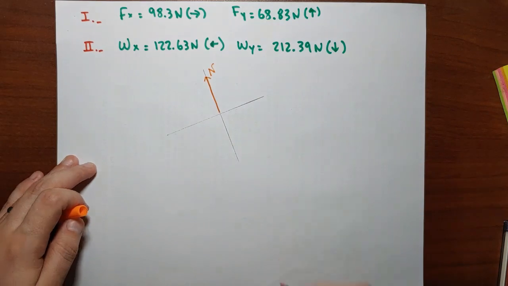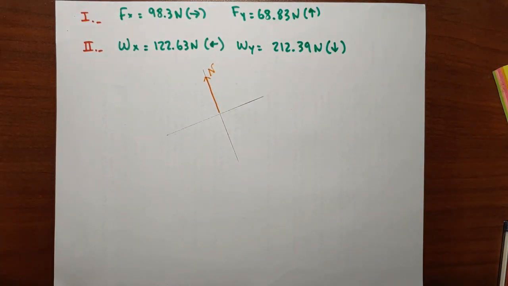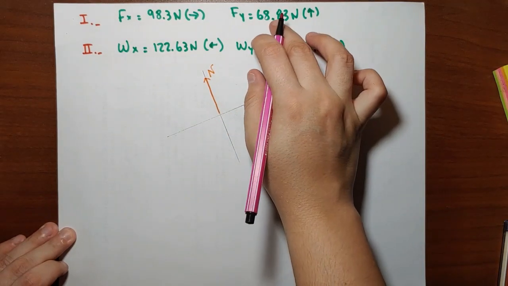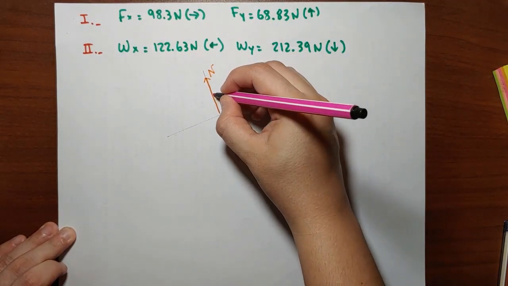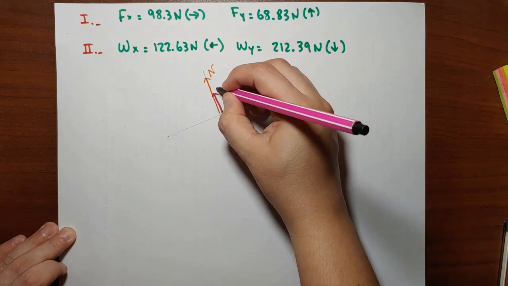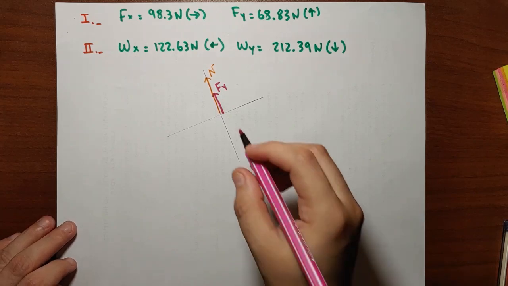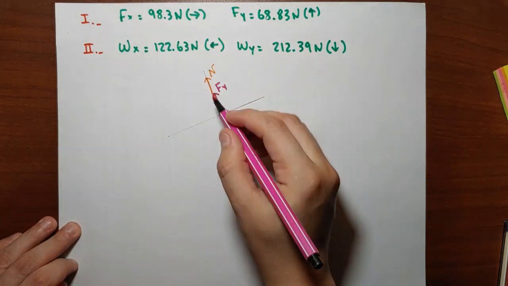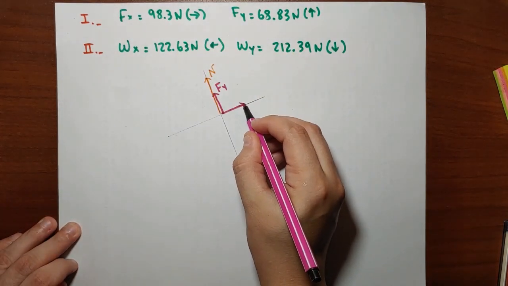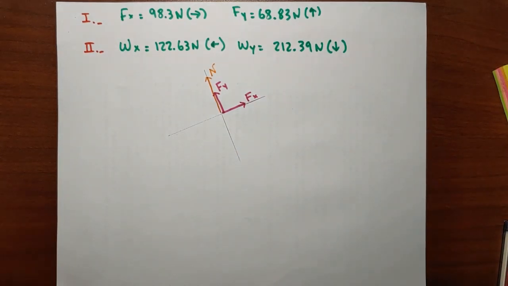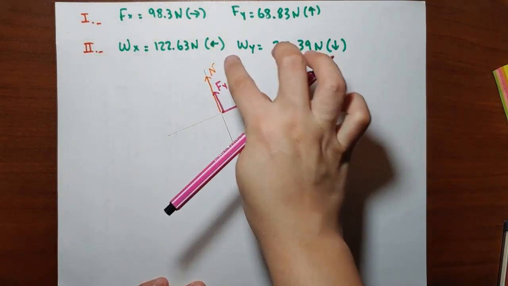So, I have here the normal, okay? I also have my y component for the force, that is Fy, and I also have my x component of the force, that is Fx, okay? I know that I have values already.